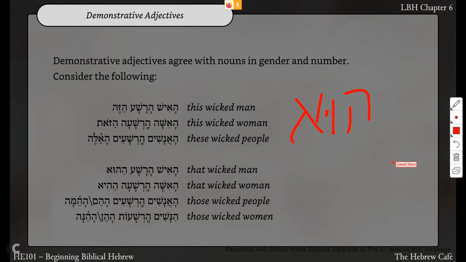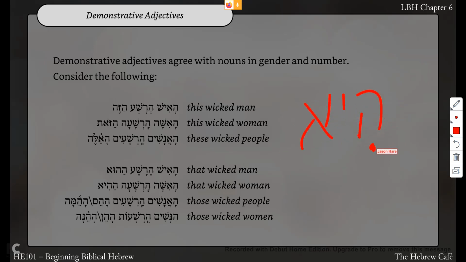Hu is a complicated word. It can mean he, it can mean it, it can mean that, like when you're pointing at something. It's got a lot of uses. But we often use it as a personal pronoun, meaning he. The feminine is hi, like this.